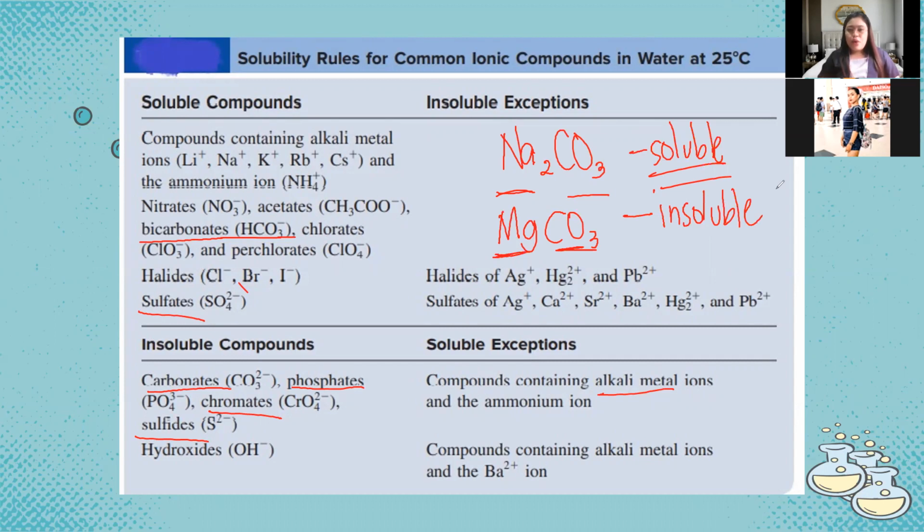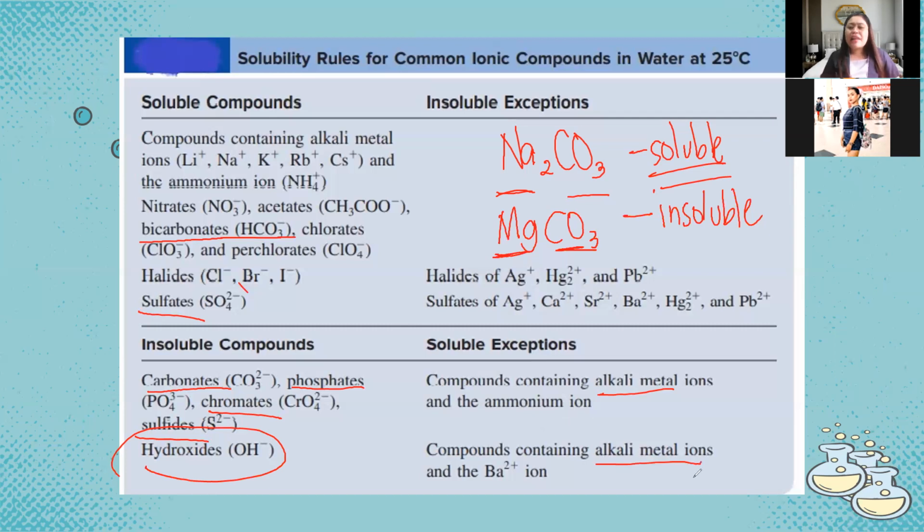Okay? So I hope you will learn this heartily also, so that if you work in the laboratory next time, you will know whether the given substance will dissolve in water or not. So another insoluble compounds are those that contain hydroxides. Again, yung merong hydroxides. Pero may exception pa rin tayo sa rule.